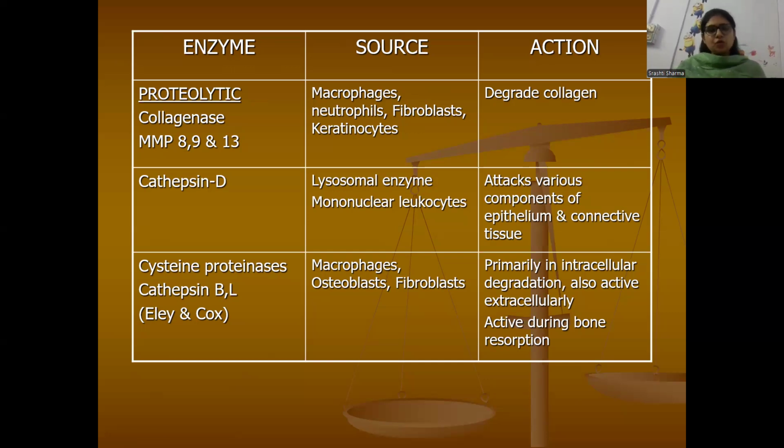Cathepsin D: source, lysosomal enzyme, polymorphonuclear leukocytes; action, it attacks various components of epithelium and connective tissue. Cysteine proteinases, cathepsin B and L: source, macrophages, osteoblasts, and fibroblasts; primarily in intracellular degradation, also active extracellularly during bone resorption.